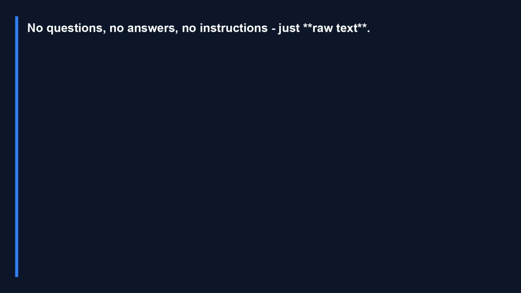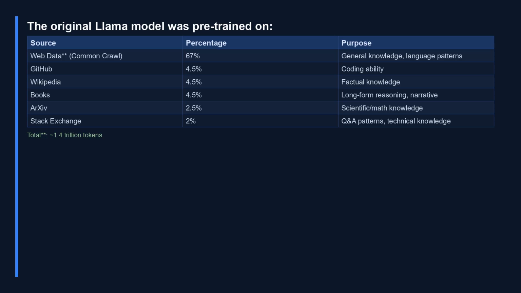That comes later. Here's what the original Llama model was actually trained on. Web data from Common Crawl made up 67% of the training corpus. That's the general internet, giving the model broad language patterns and world knowledge. GitHub contributed 4.5%, which is where coding ability comes from.